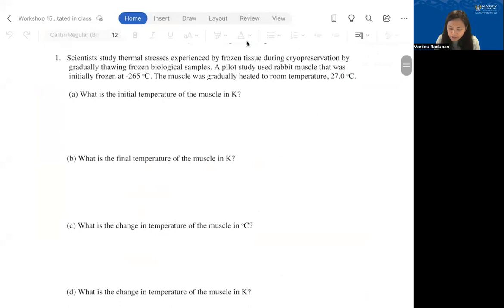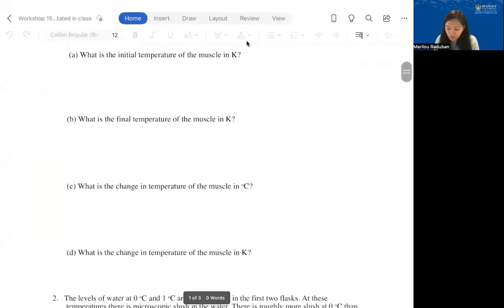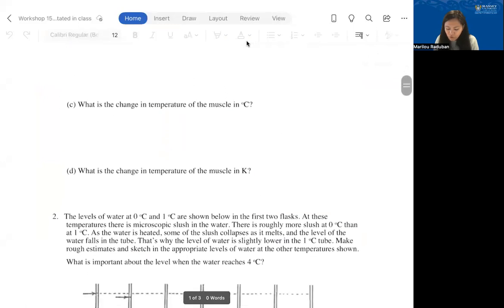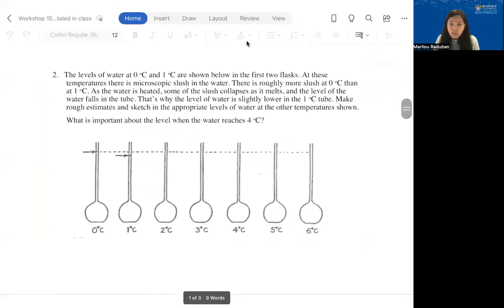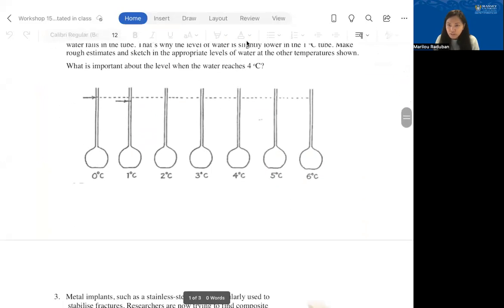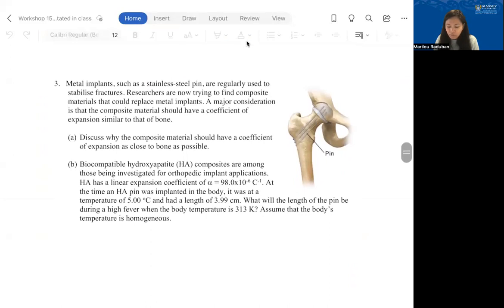So the first part is converting temperature from Celsius to Kelvin and vice versa. Second question is about water's unusual behavior. And then the third question is about the expansion of materials applied to a physiological problem.